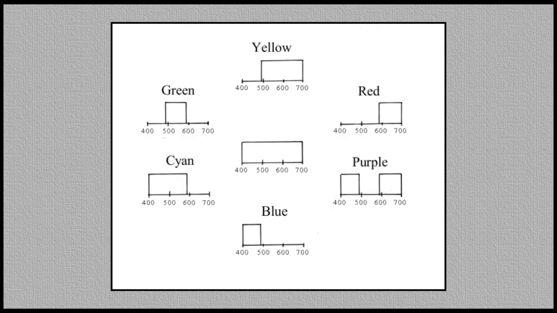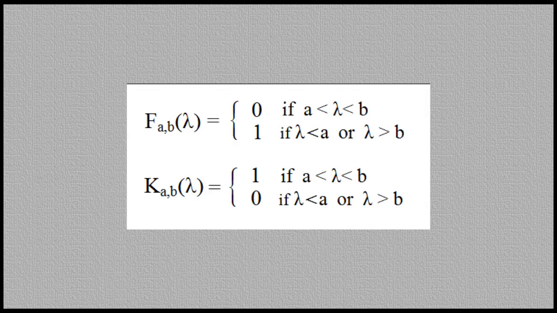Following this idea, we can draw transmittance diagrams for other ideal filters all around the U circle, like this. And the following summarizes the said mathematically. Let A and B be the wavelengths where we make the cut.